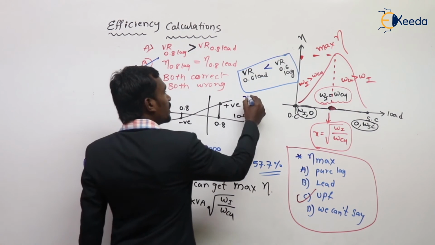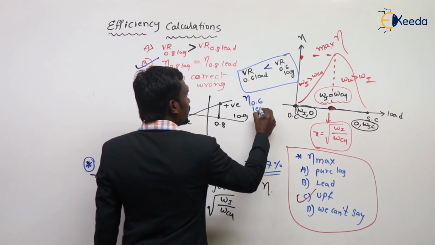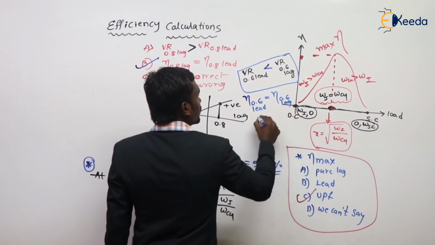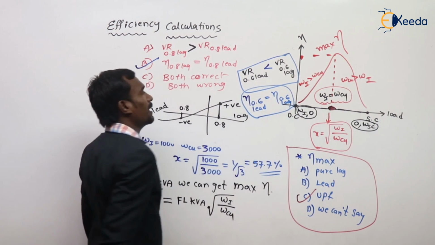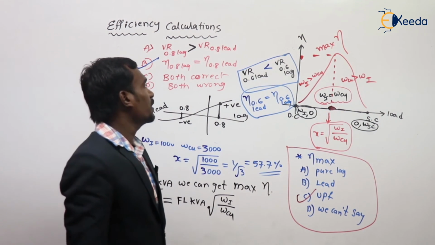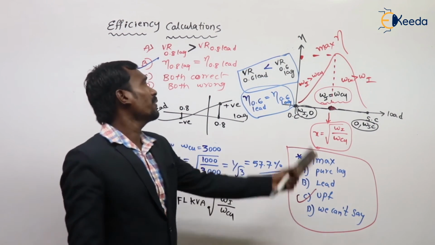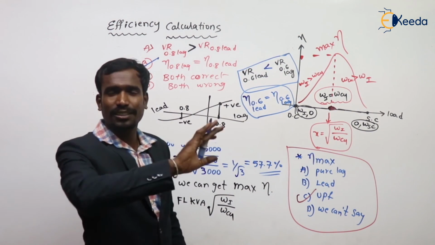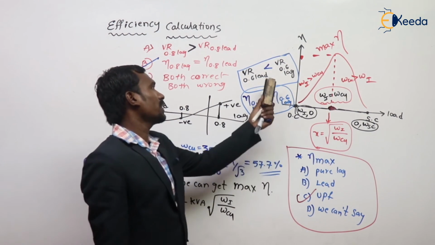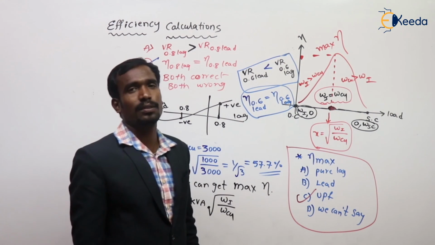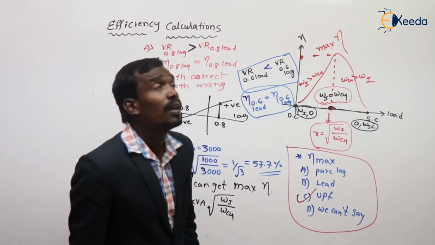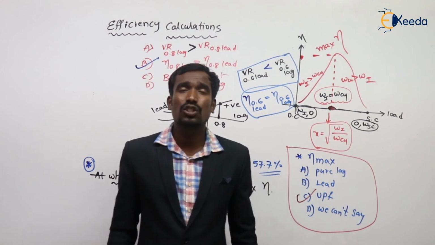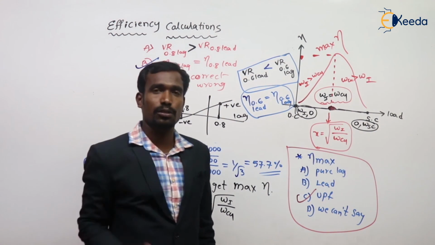The efficiency at 0.6 leading equals the efficiency at 0.6 lagging. Efficiency is the same for the same power factors, but the voltage regulation is not the same. Always the voltage regulation is higher for lagging loads. This is simply the efficiency calculations.